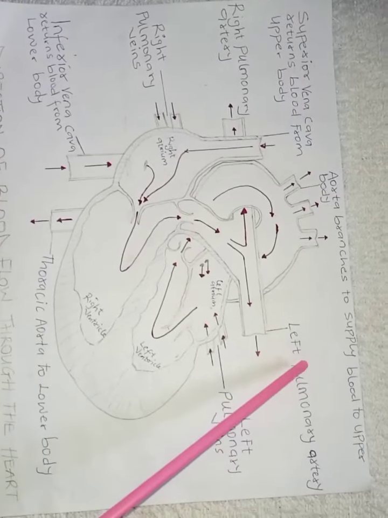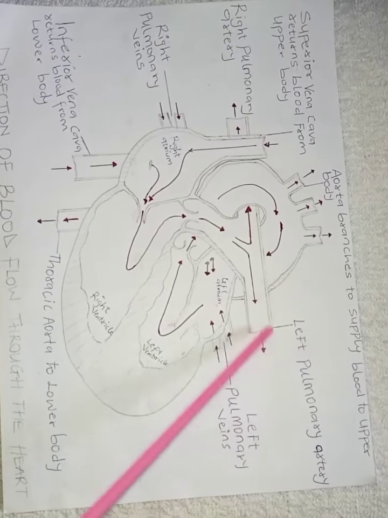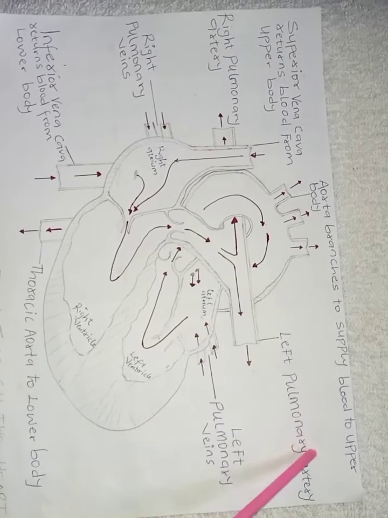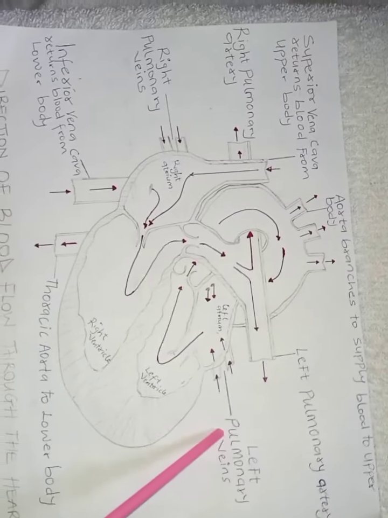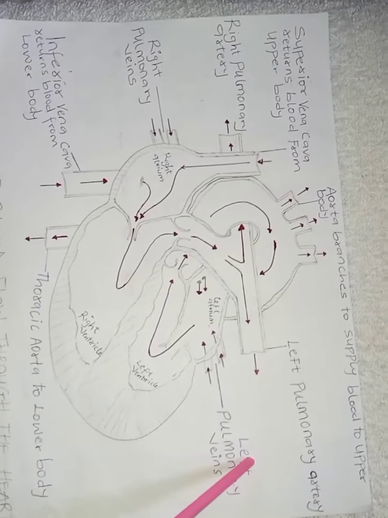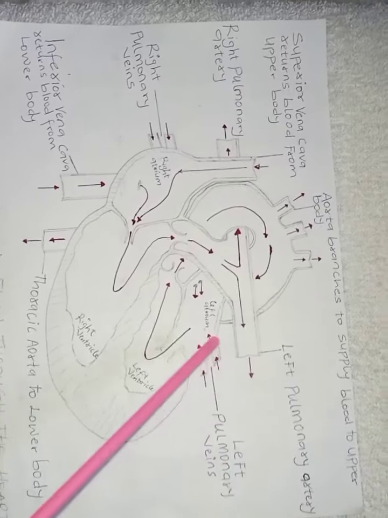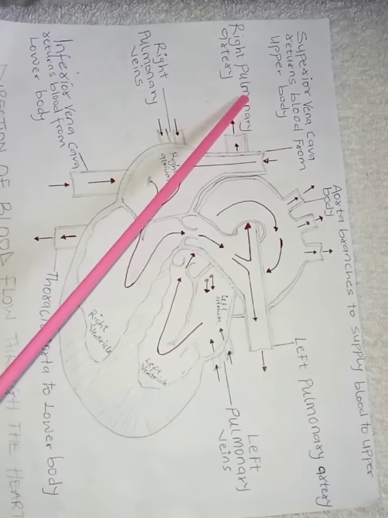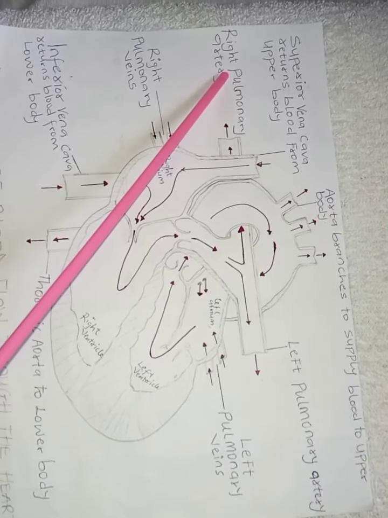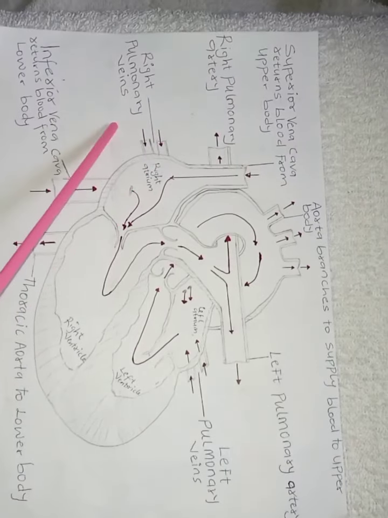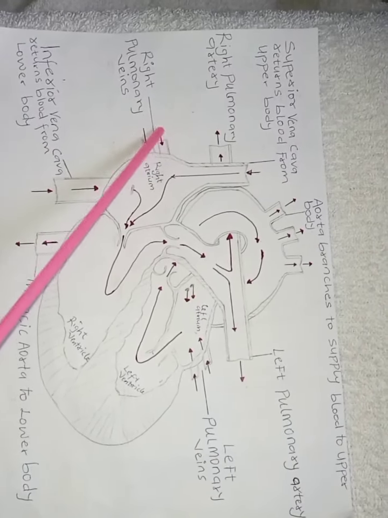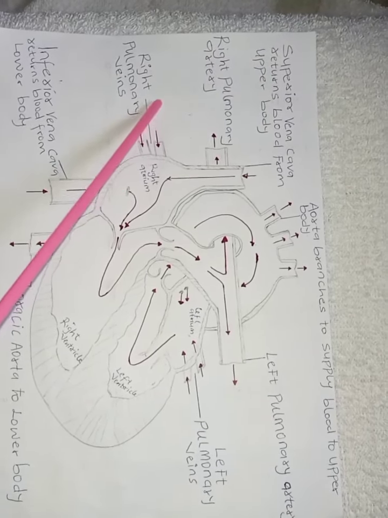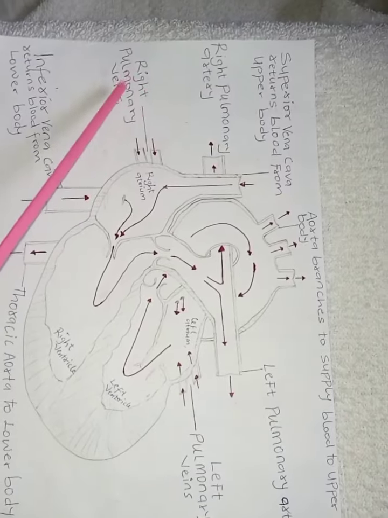When that is done, the left pulmonary veins return the blood that is now oxygenated into the left atrium, while the right pulmonary veins return the blood, which is now oxygenated because the blood has picked up oxygen in the lungs.